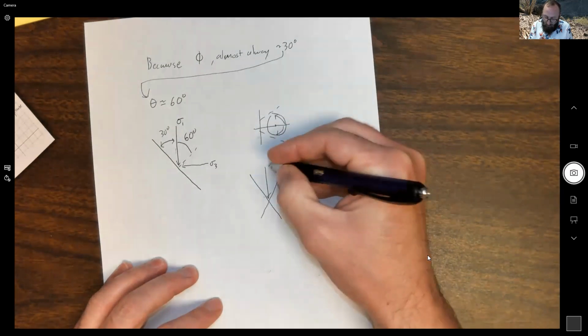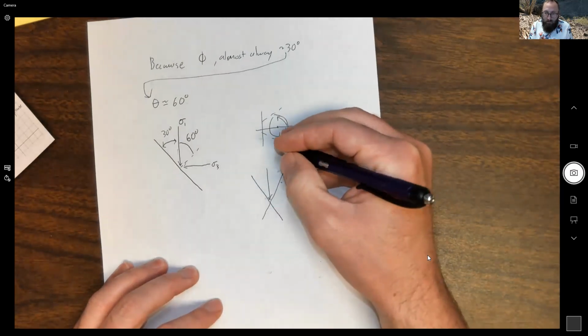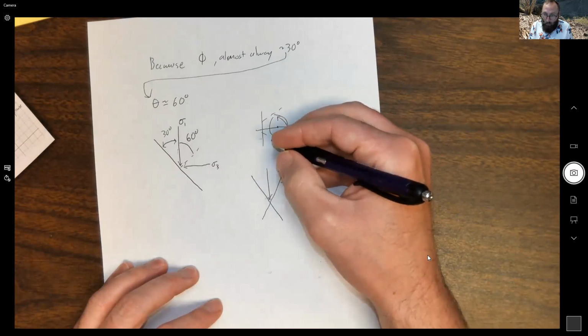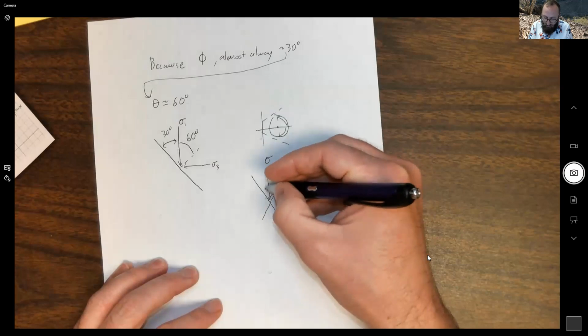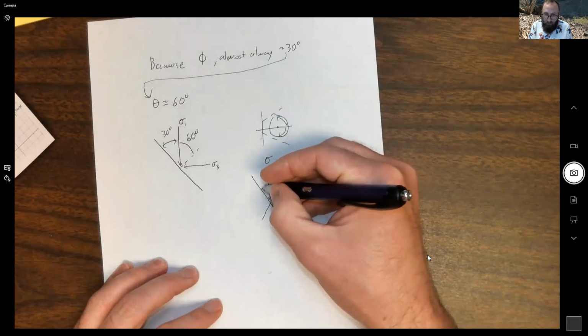And in our conjugate fault set, the orientation of sigma 1 bisects this acute angle between faults.